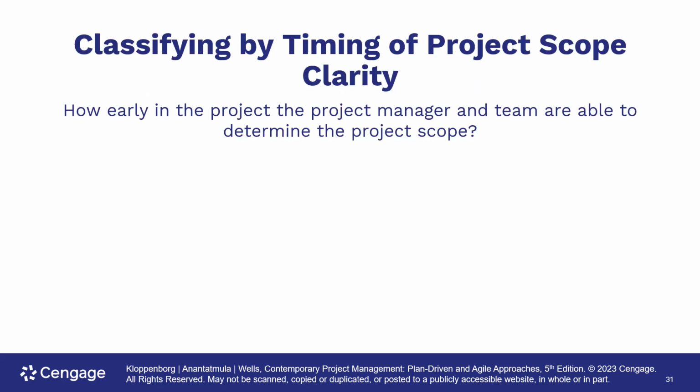Classifying by time of project scope clarity: how early in a project the project manager and team are able to determine the project scope. This is just describing classifying projects by timing and project scope clarity.